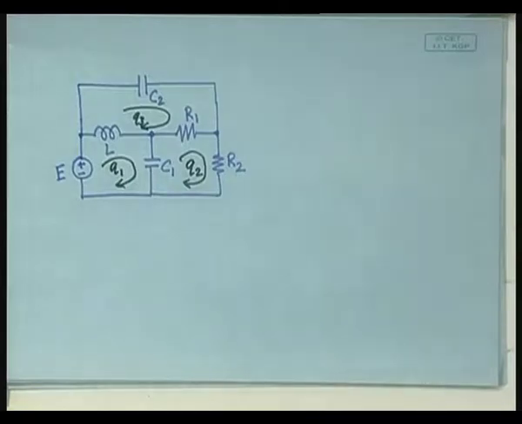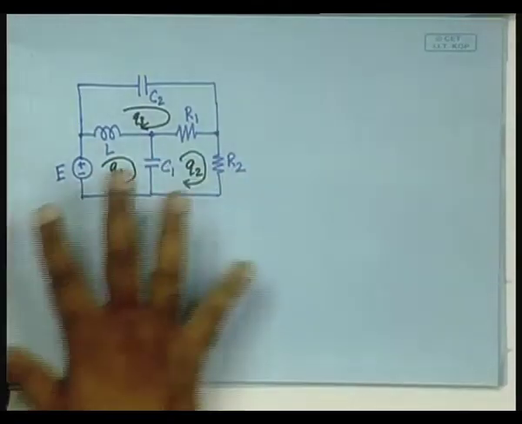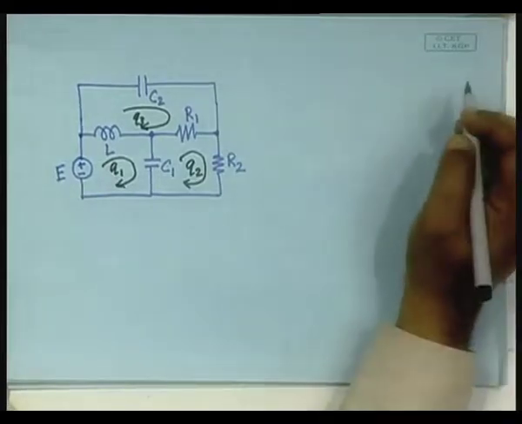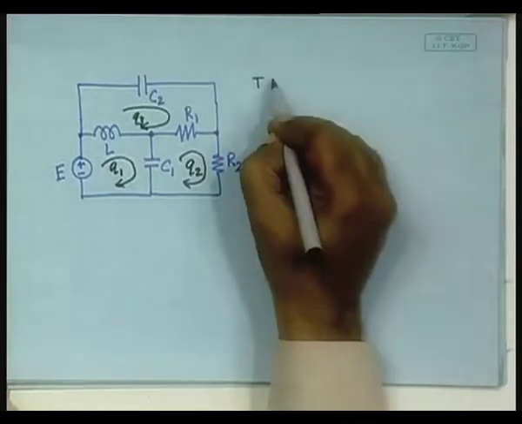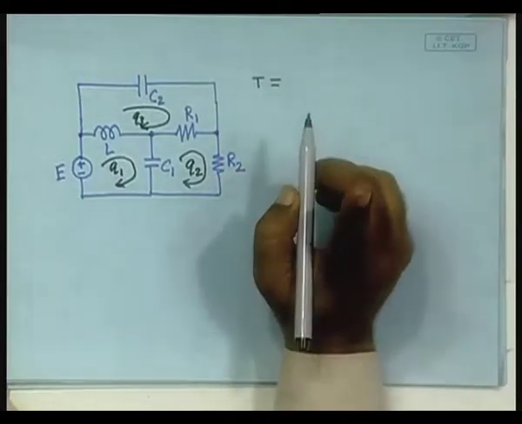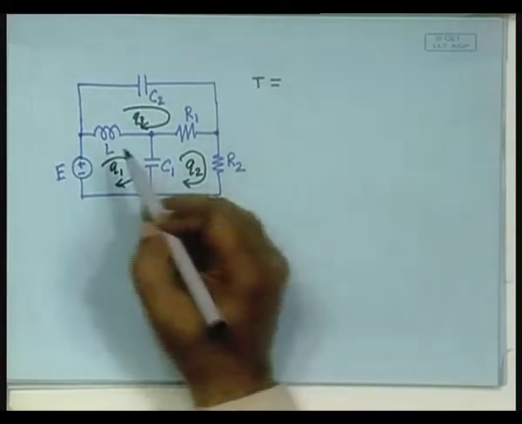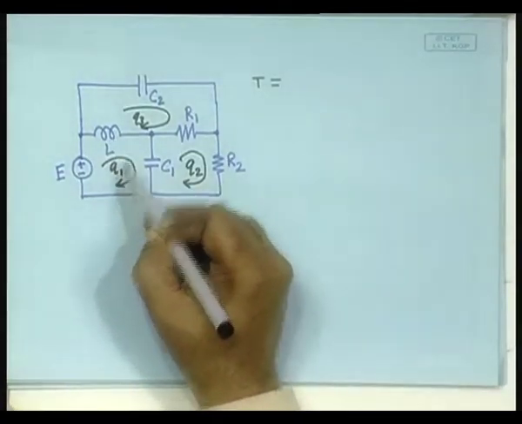Once we have done that, we can then proceed to write the kinetic energy and the potential energy of this circuit. What will they have? First, the kinetic energy T. Kinetic energy will consist of the energy stored in the inductor, and the charges flowing are Q1 and Q3.